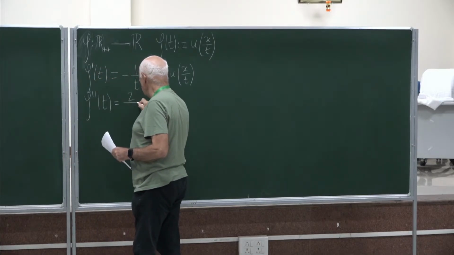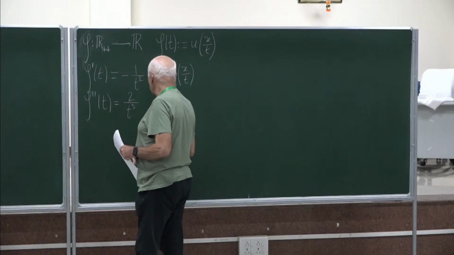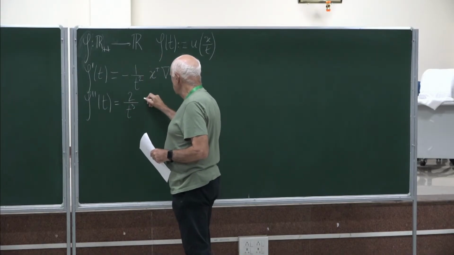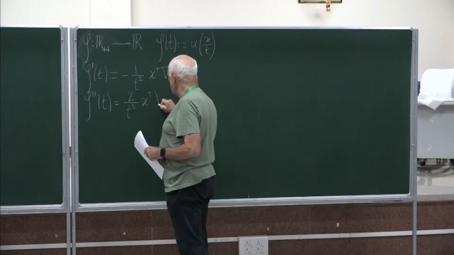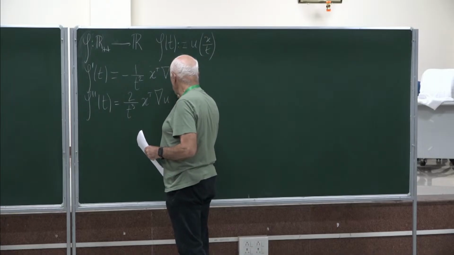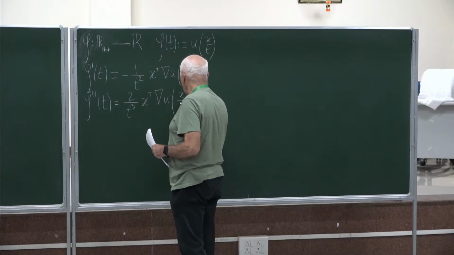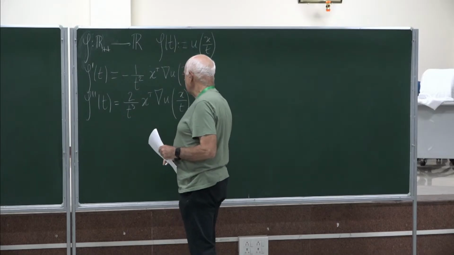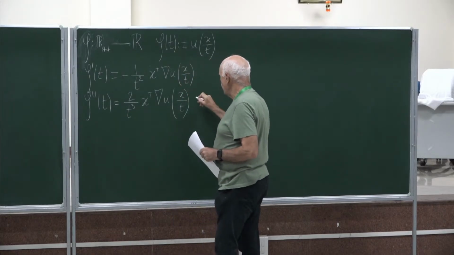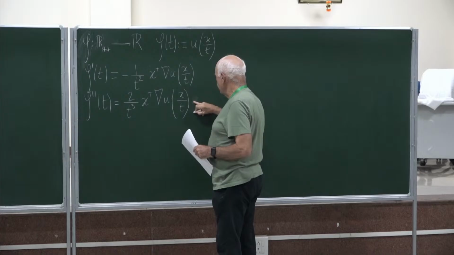It's 2 divided by t to the cube x transpose gradient of u at x divided by t minus 1 over t squared.